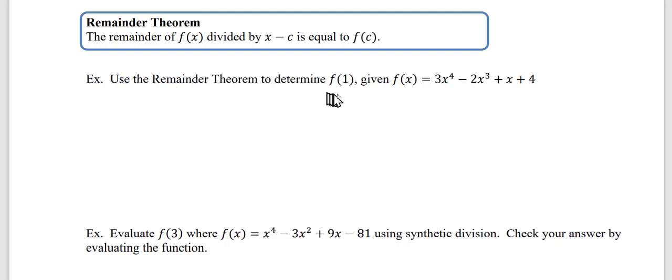Use the remainder theorem to determine f of 1 given f of x equals 3x to the fourth minus 2x cubed plus x plus 4.